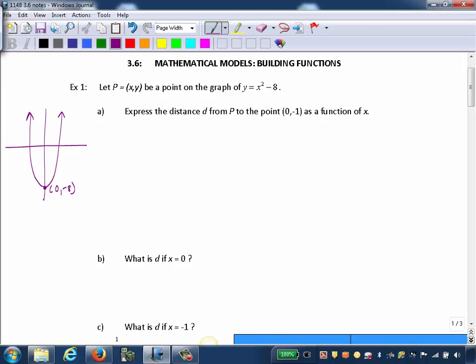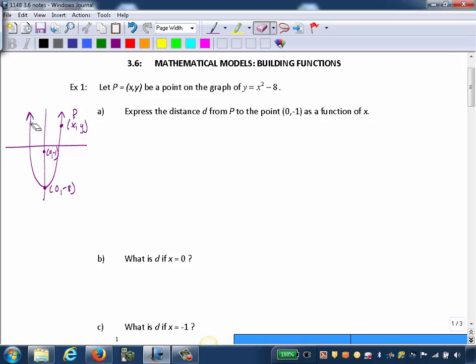So we're looking for the distance between the point (0, -1), which would be about right here, and some point P on that graph. That P could be any point on this graph, so this is just a generic point P. As we move along this graph, the distance is going to change.